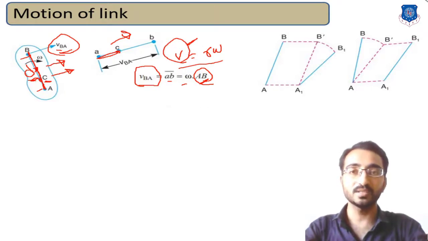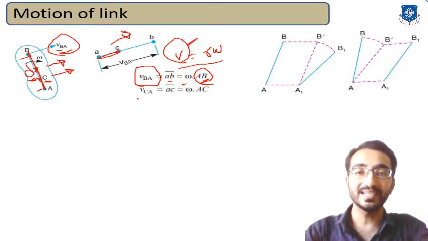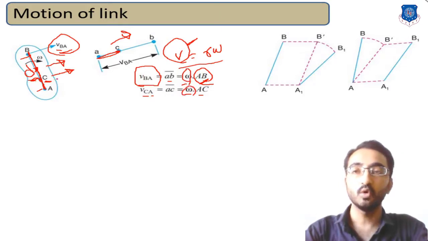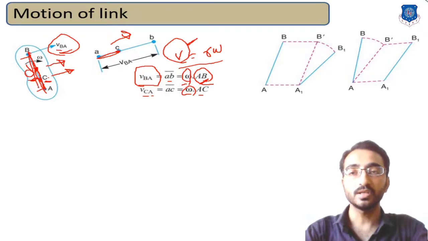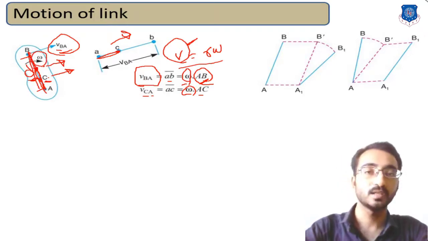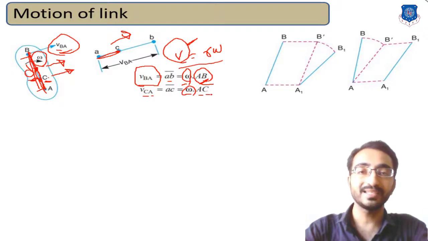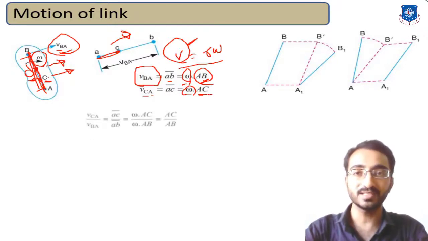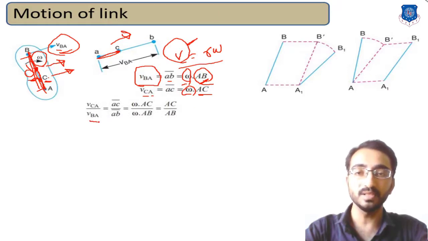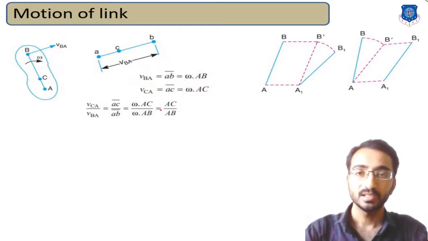And how will you calculate the magnitude for AC? For that you can use the relation. Let's consider VCA, that is velocity of point C with reference to A, which can be calculated again by omega into R. Here omega will remain the same, because both the points are lying on the same line, so the angular velocity will be the same for both points. Only the distance AC is changing. So VCA upon VBA is equal to AC upon AB, because the omega term cancels out.